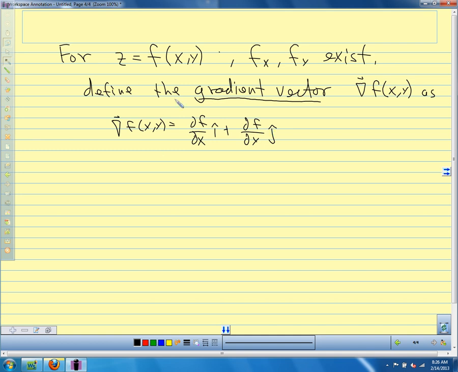And if we have a function of 3 variables, then we would just have a df dz in the k hat direction added on there. So this is our gradient vector. Del f is defined as this vector. And we call del an operator.